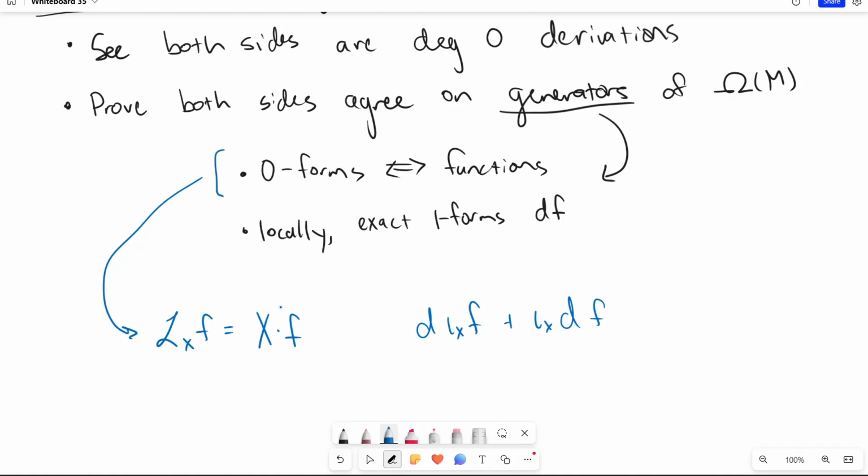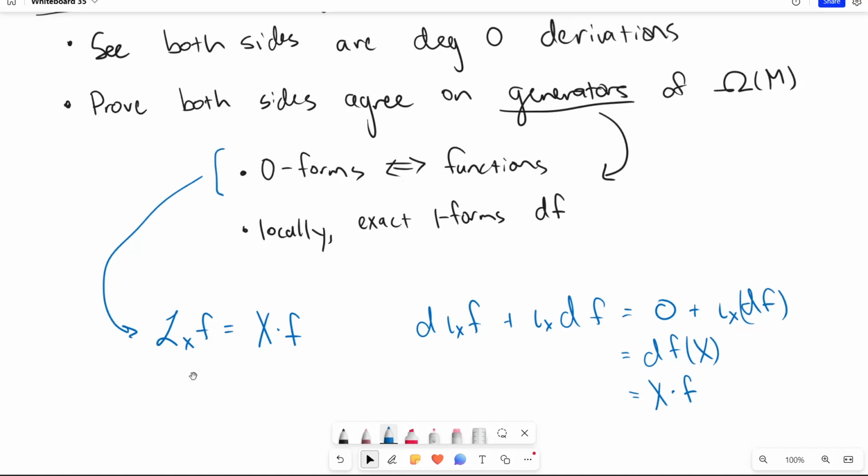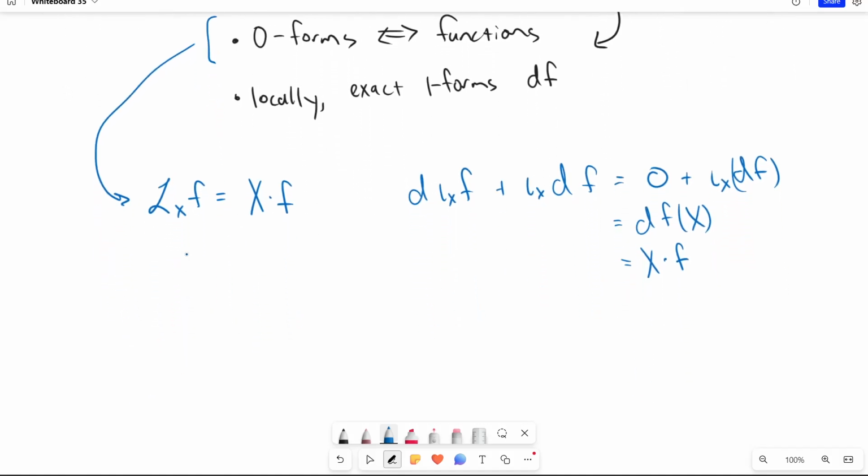This is already a 0 form, there are no minus 1 forms, so this is 0. So this is equal to 0 plus i_X of, maybe I'll put parentheses this time, df. So this means to evaluate df at X, and this is just X dot f. So these agree.